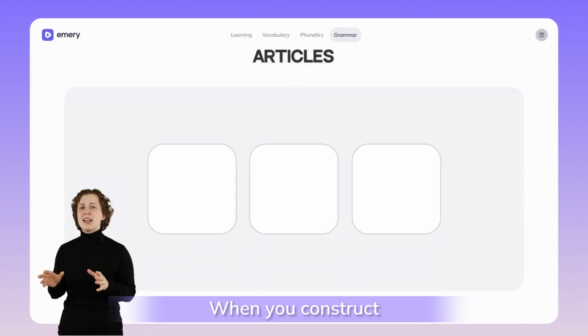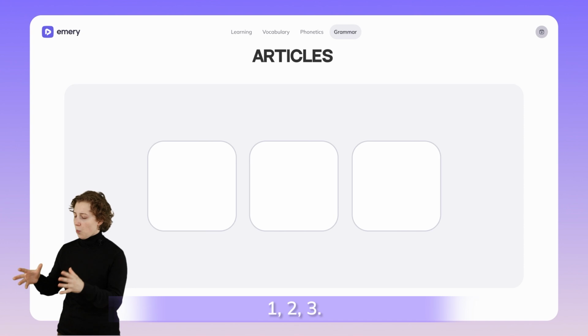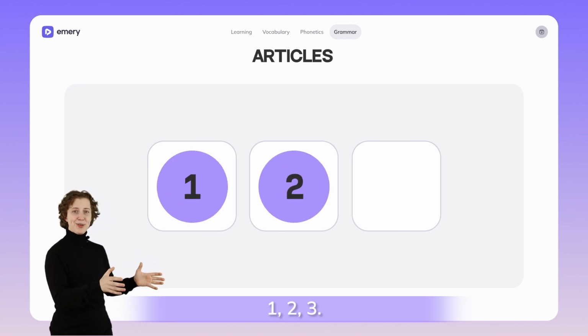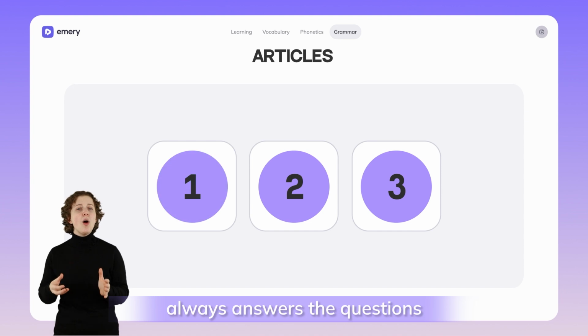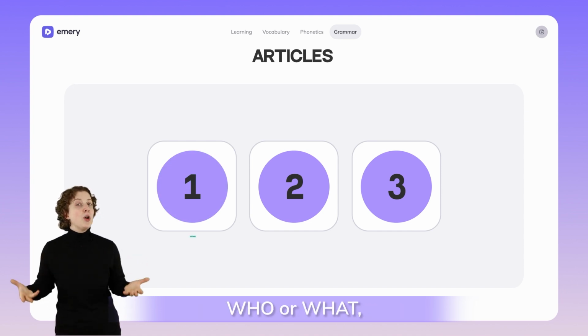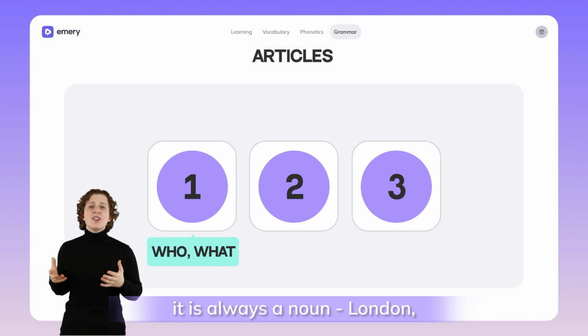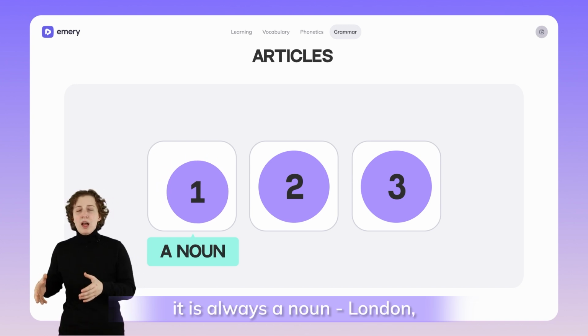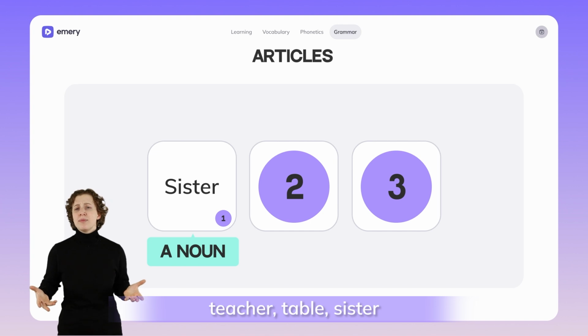When you construct an English sentence, you always use the structure 1, 2, 3. The first element of this structure always answers the question who or what. In other words, it is always a noun: London, teacher, table, sister.